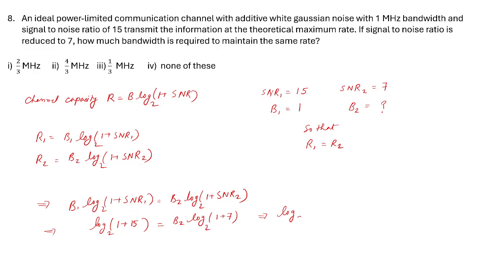So log base 2 of 16 is equal to B2 times log base 2 of 8. This is 4, this is 3, therefore B2 is 4 by 3 megahertz. Actually I should maintain the B1 here, otherwise this megahertz can cause confusion.